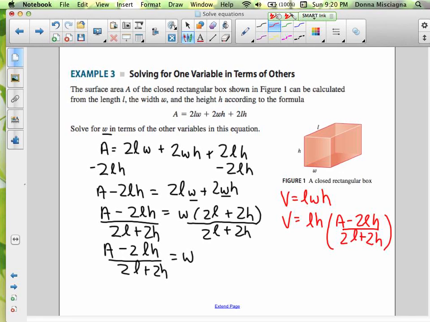Now we could calculate the volume because we have an expression for width that does not involve us knowing the width. So let's say we only knew the length and the height. So let's say the length is 10 and the height is 5. And I don't know what the width is, right?